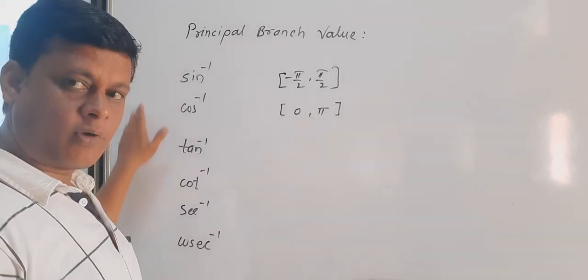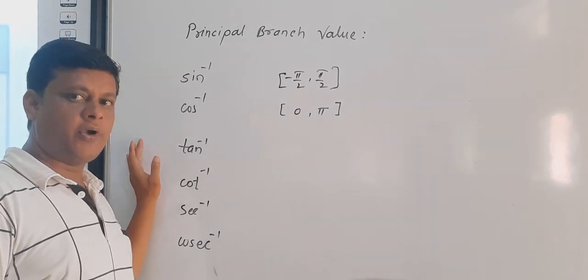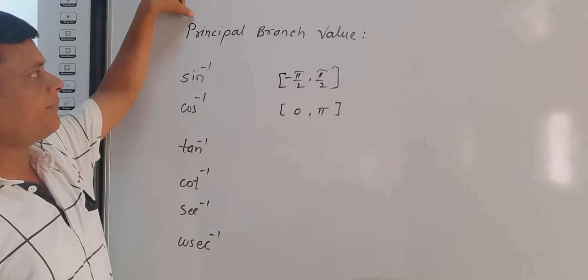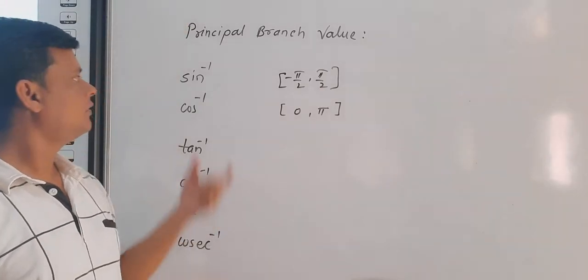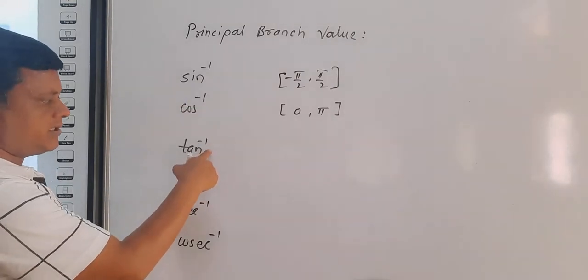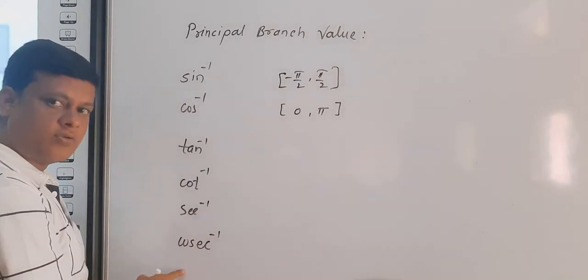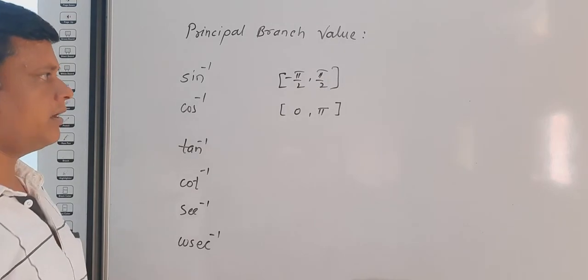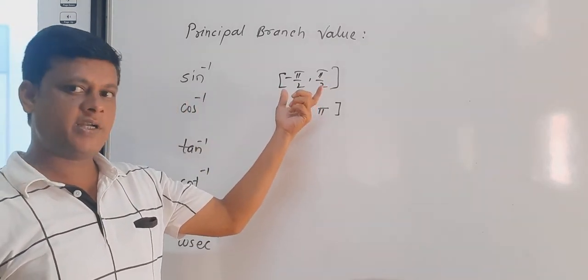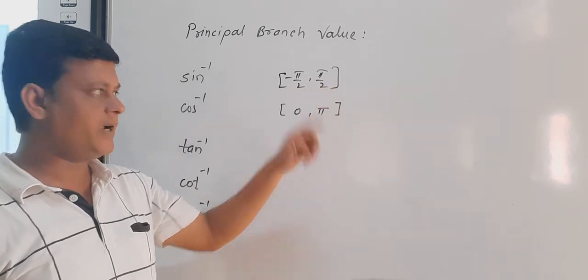While solving the problems of exercise 3.2, we see how to remember the principal branch value. Now we have to first write sin inverse, cos inverse, tan inverse, cot inverse, sec inverse, cosec inverse in this way. For sin inverse, the principal branch value is the closed interval minus pi by 2 to plus pi by 2.